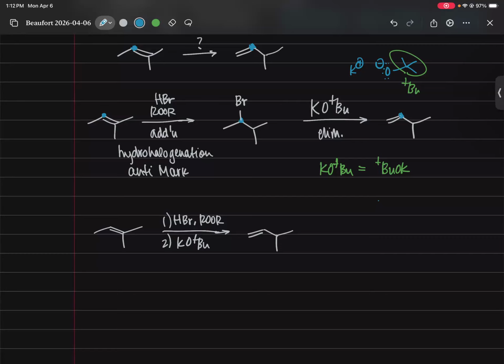Because if you wrote this, that's wrong, because the HBr and the peroxide have to go together, reacting in the flask at the same time. Like for the single-step one, when we did the H3O plus, we usually do H3O plus, or we could do H2O and acid. You can literally write or. Yeah, that's legal.